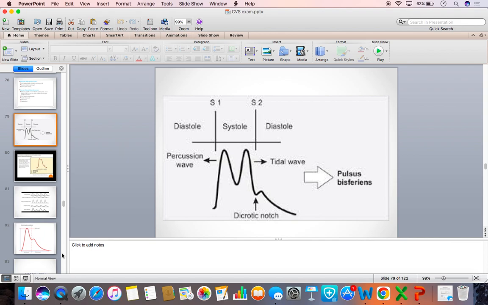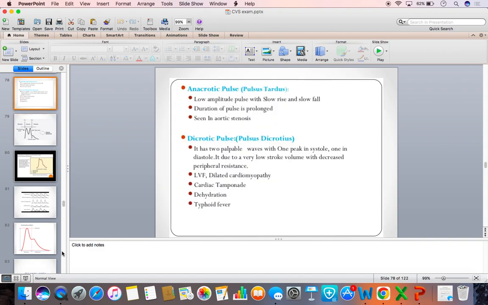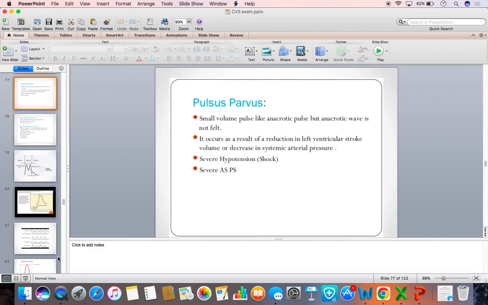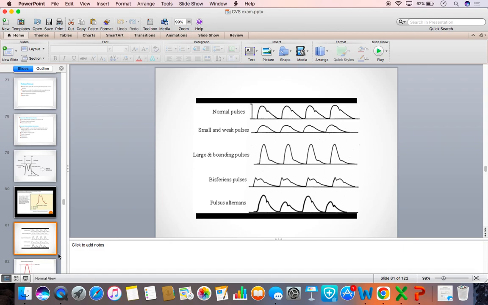This is pulse wave tracing. The various pulse waves: normal, small weak pulse, large collapsing pulse indicative of aortic regurgitation, bisferiens pulse with two spikes at the peak, and pulsus alternans, a strong pulse followed by a weak pulse wave.